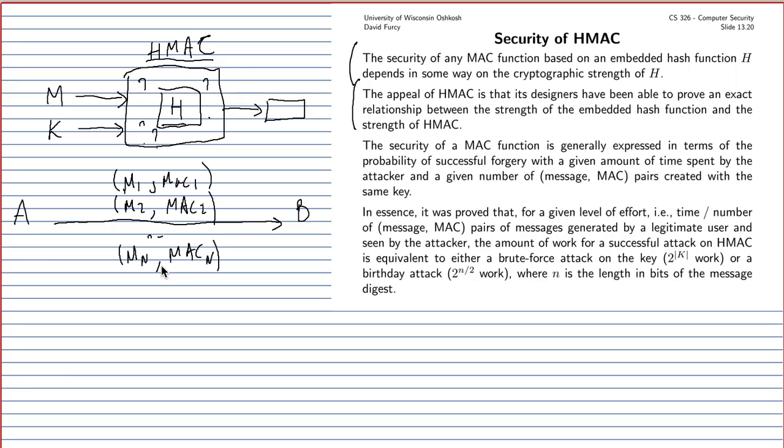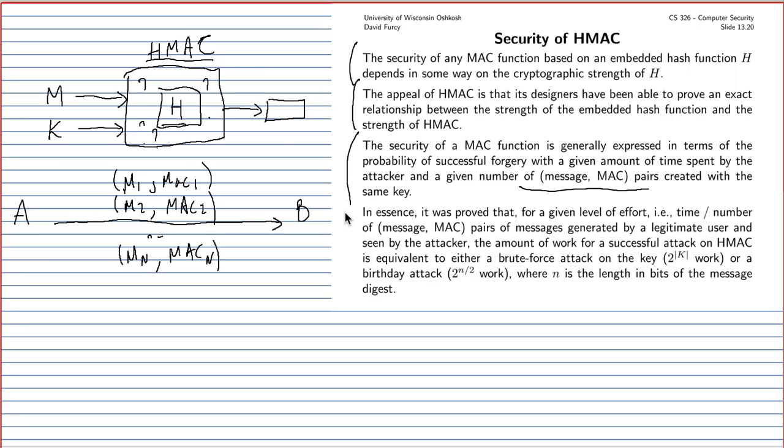And so in general, the way we assess the security of a MAC function is to give a probability of being successful in forging a MAC relative to the amount of resources available and the number of these pairs.